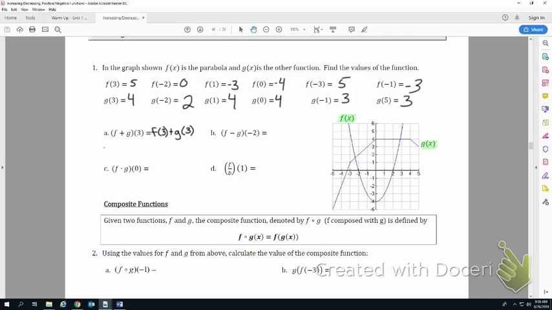F of 3 is 5. G of 3 was 4. 5 plus 4 is 9. That's your answer. So that's all you're having to do. I would rewrite it again like this. Find the values that those equal, and then do whatever operation it's asking you to do.